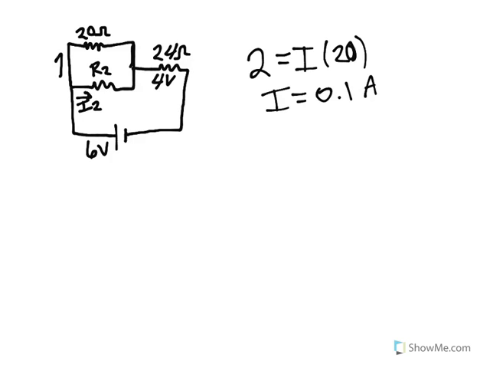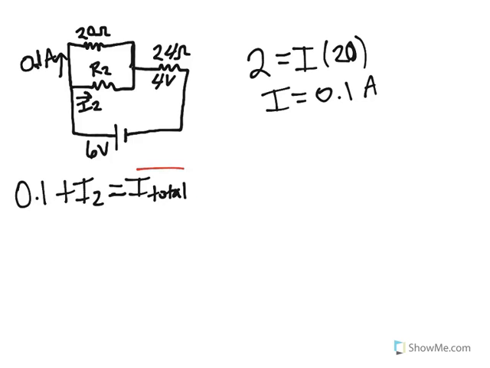So I know there's 0.1 amps coming out of that junction. And so that 0.1 plus I2 gives me my total current. So that's one way I can solve for I2.